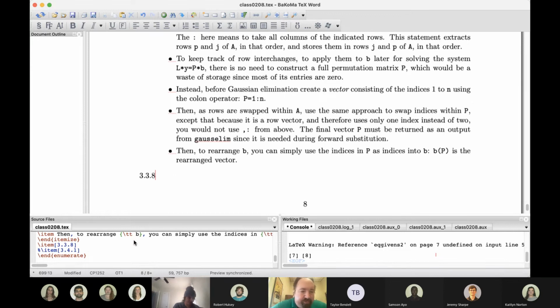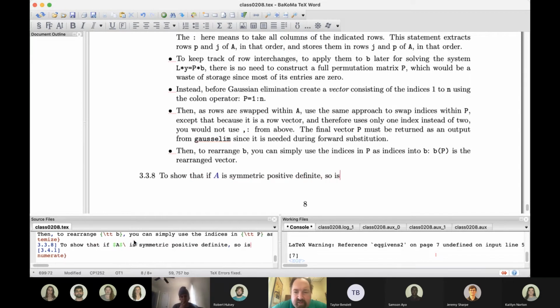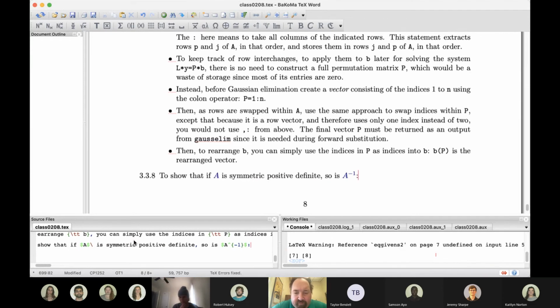I want to say something about 338. This is about symmetric positive definite matrices. A is symmetric positive definite, so is A inverse.